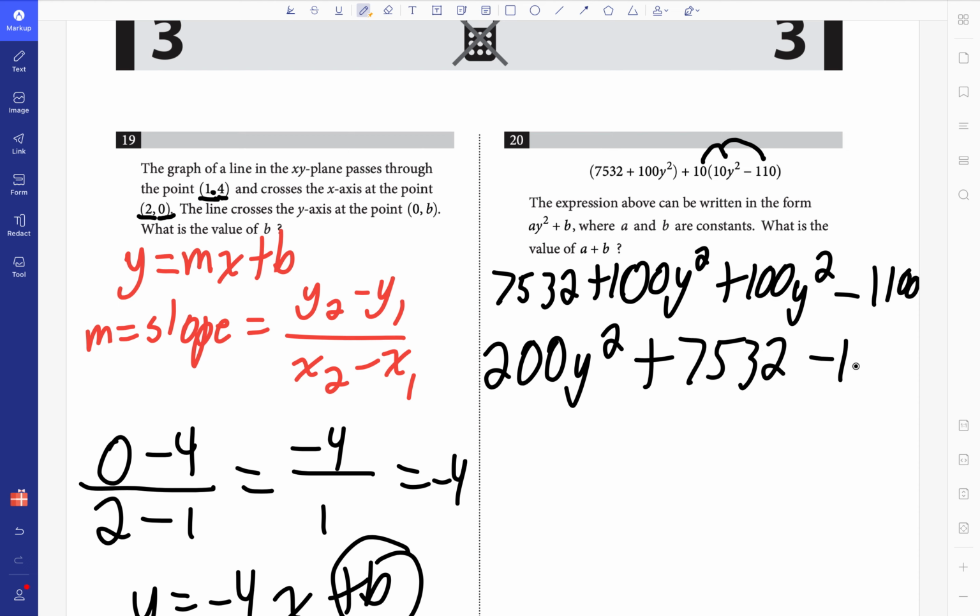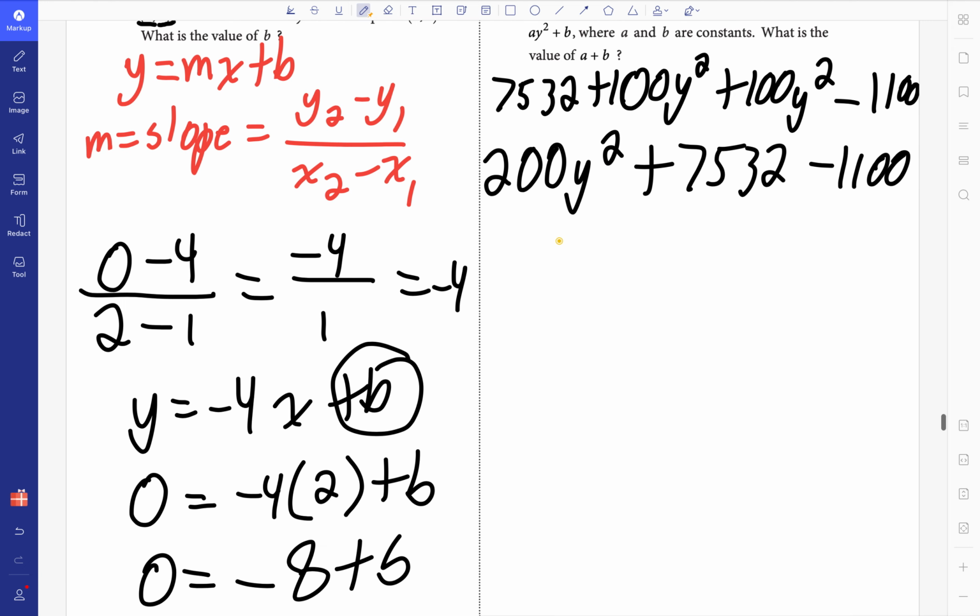7532 minus 1100. Let's do this math up here in, what color have I not used? Fine, let's use this gold. 7532 minus 1100 is 6,432.